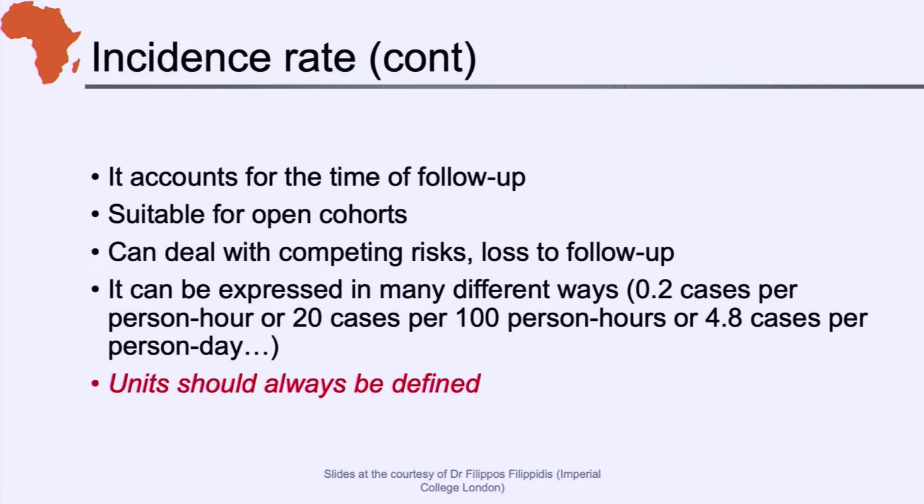We can deal with competing risks as well as loss to follow-up, by just taking only the person time that they spent in the classroom. And it can be expressed in different ways. So for example, 0.2 cases per person hour, or 20 cases per 100 person hours, so just inflating it to 100 person hours, or 4.8 cases per person day. Again, the units must always be defined.